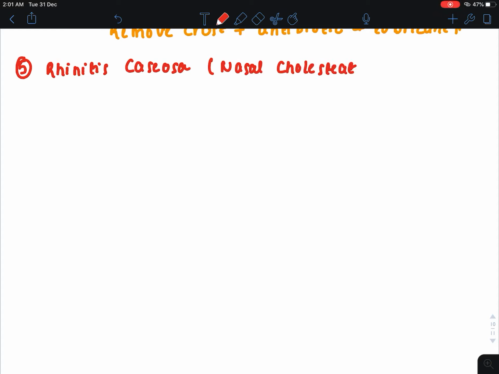Now the last type of rhinitis, that is rhinitis caseosa. It is also known as nasal cholesteatoma. It is usually a unilateral condition.